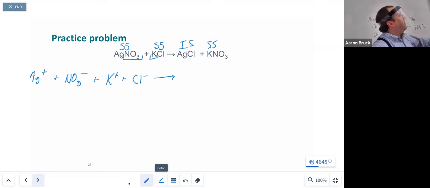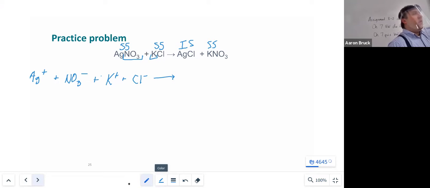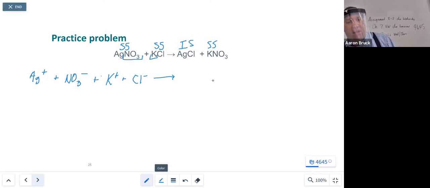Silver chloride is insoluble. If it is insoluble, or a weak acid, or a weak base, or another kind of non-electrolyte, it stays together. It doesn't separate. So this one is just going to go in as AgCl.